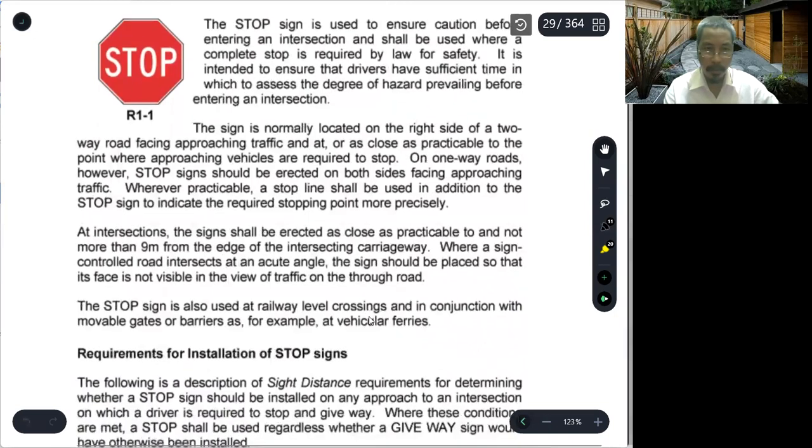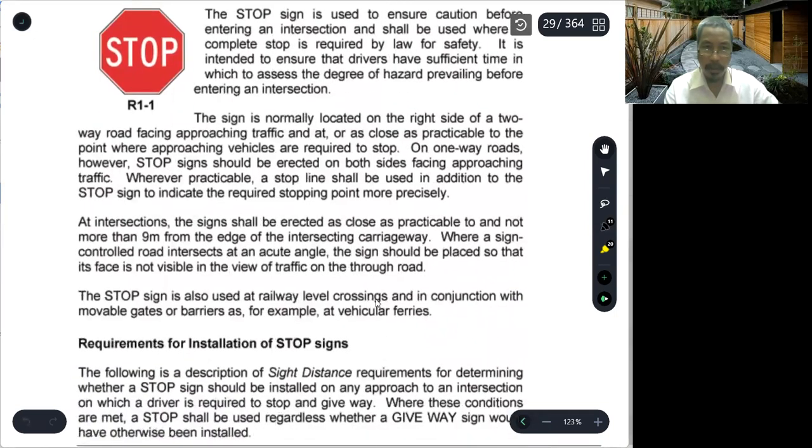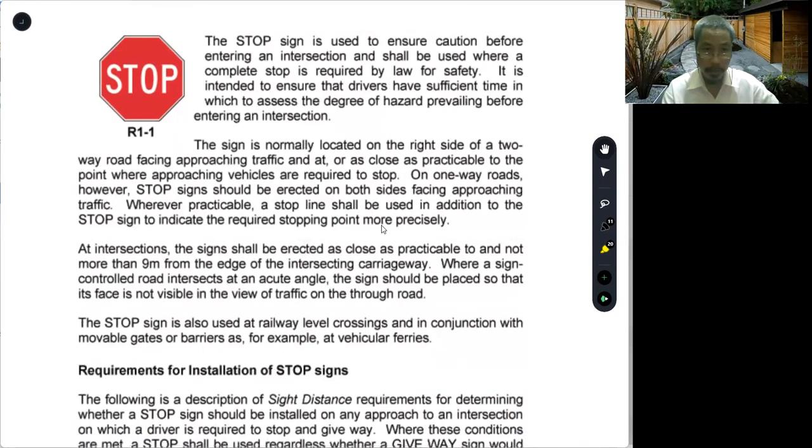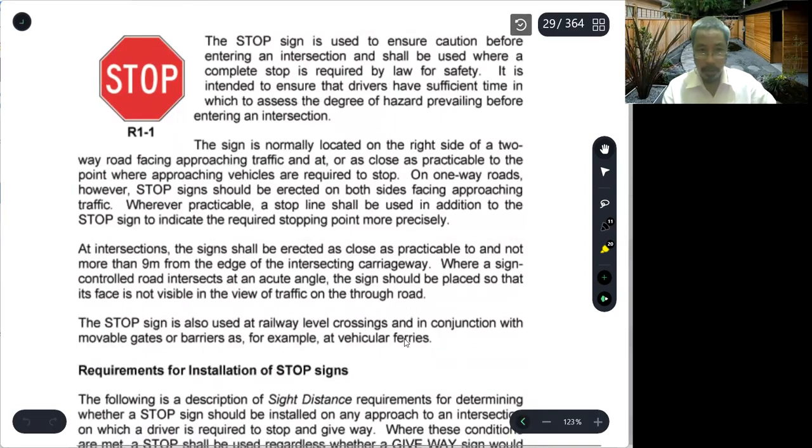So the stop sign looks like that: red reflectorized background with white border and white letters. The stop sign is also used at railway level crossings in conjunction with movable gates or barriers, as for example at vehicular ferries.